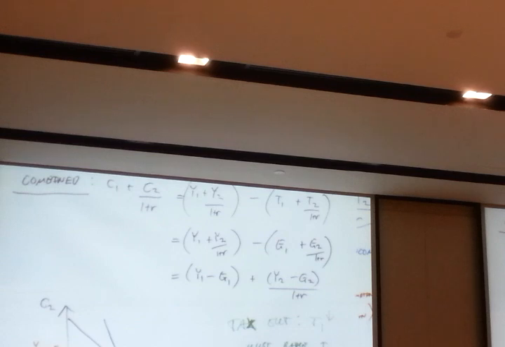You're not consuming it, therefore you must be saving it, so saving must rise. So this distance here, this tax cut distance, is also the change in saving. There's also extra saving. I don't really have space to write it, but that's extra saving. They're equal.